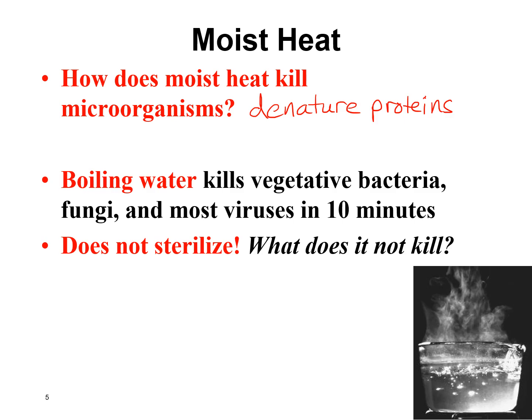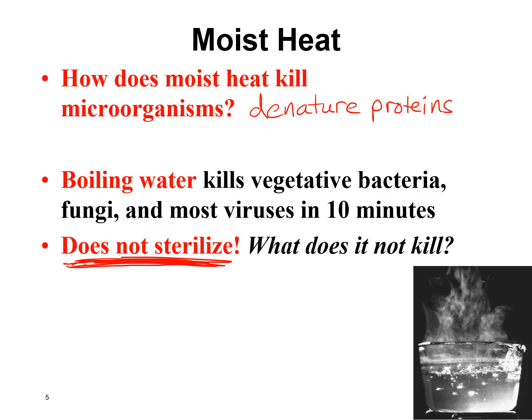So boiling water will kill a lot of microorganisms, but it actually does not sterilize things. So that's really important to remember. Our gold standard that we use to say if things are sterilized or not is if the bacterial endospores are killed.